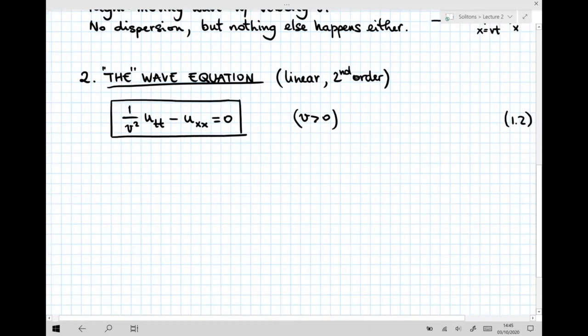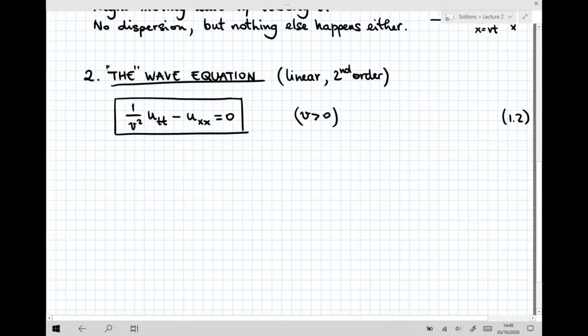And famously, the general solution of this equation was found by D'Alembert. It tells us that u as a function of x and t is actually given by the superposition of two independent solutions.